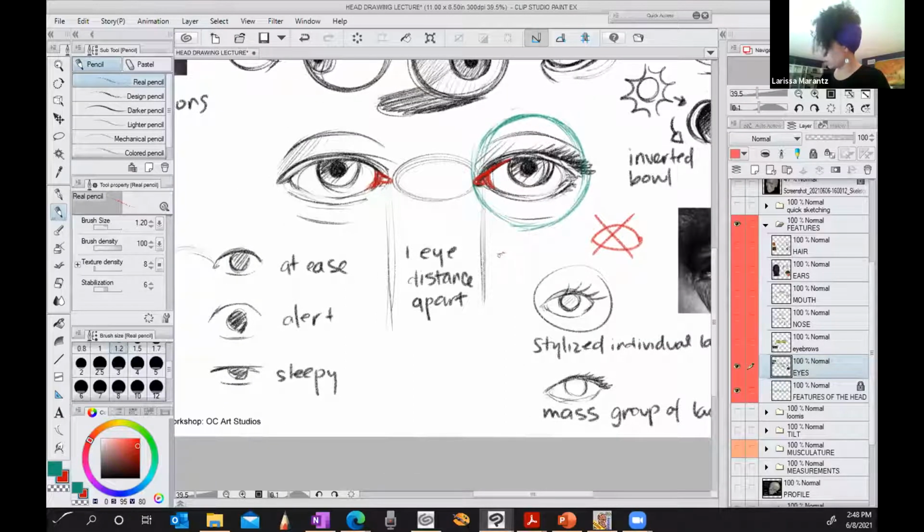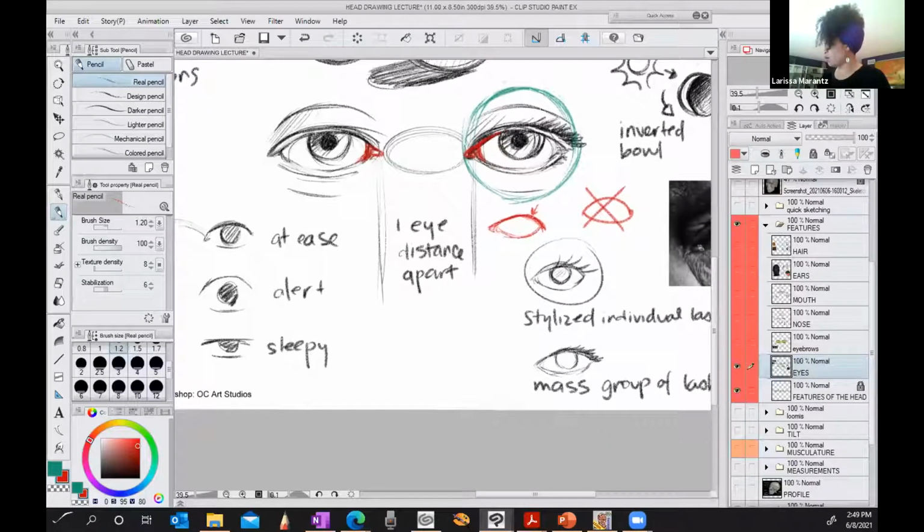So you're creating that tear duct, you're creating this eye shape, and it looks more like this. It's always going to depend on the person. Everybody is different, but it's more of an arch over here, and then it's rounded at the bottom.